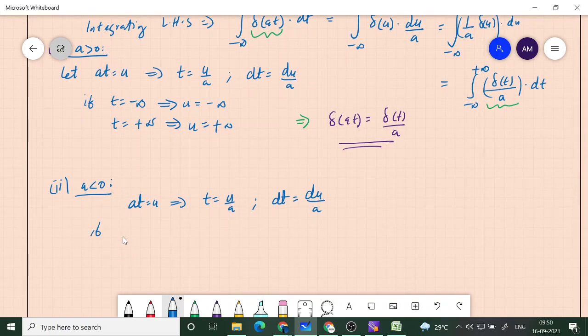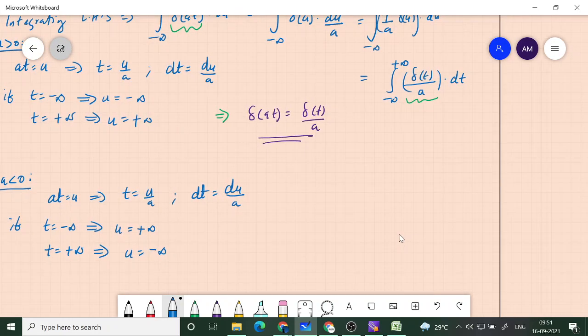If t is equal to minus infinity, then u, because u is a into t, and since a is a negative quantity, u will go to plus infinity. And similarly, if t is plus infinity, u is going to be a minus quantity into plus infinity, so that will be minus infinity.